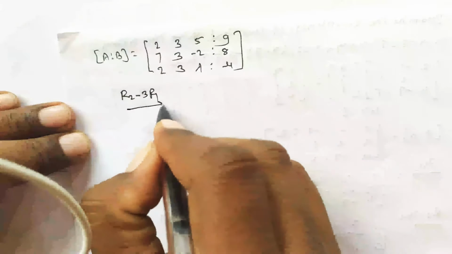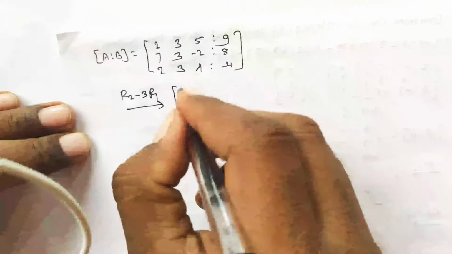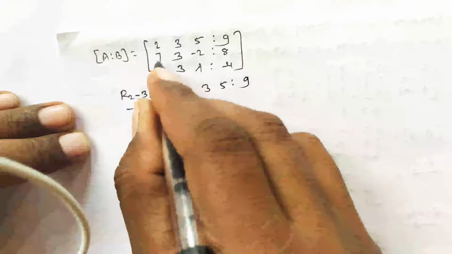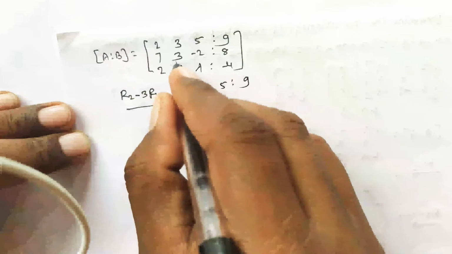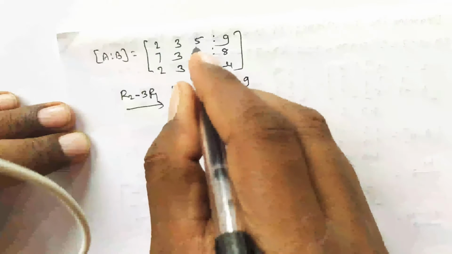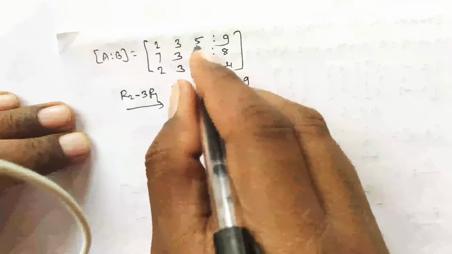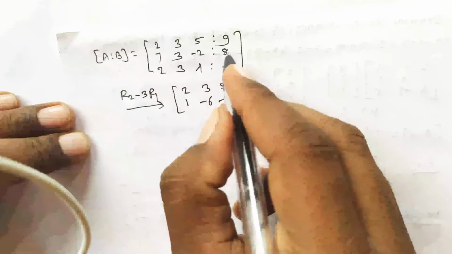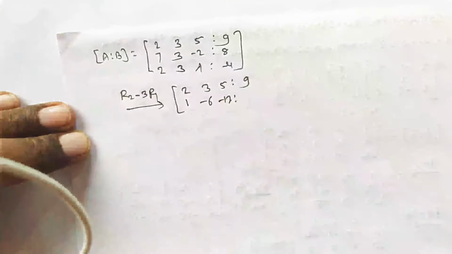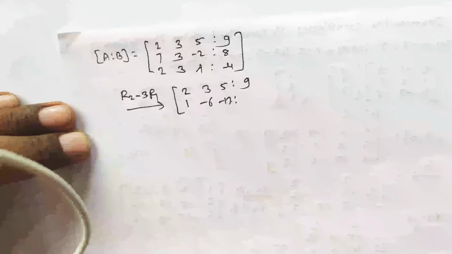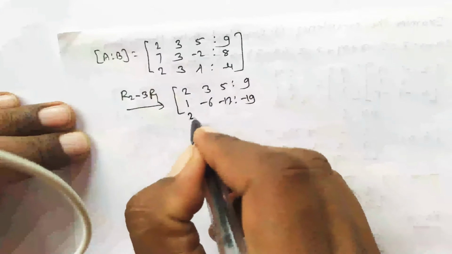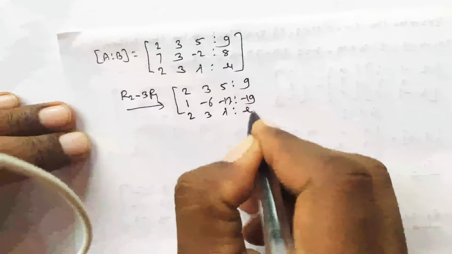First row as it is, 2, 3, 5, 9, and here 7 minus 6 is 1, then 3 minus 9 is minus 6, minus 2 minus 15 (3 into 5 is 15) is minus 17, and 8 minus 3 into 9, that is 27, so 8 minus 27 is minus 19. Third row as it is, 2, 3, lambda and mu.